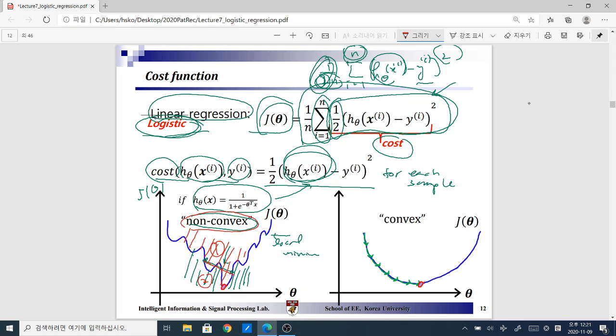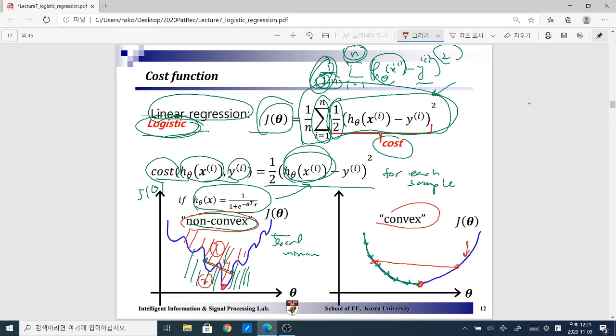Whereas a convex function would look something like this. Take any two points, once again, with a line that connects them.